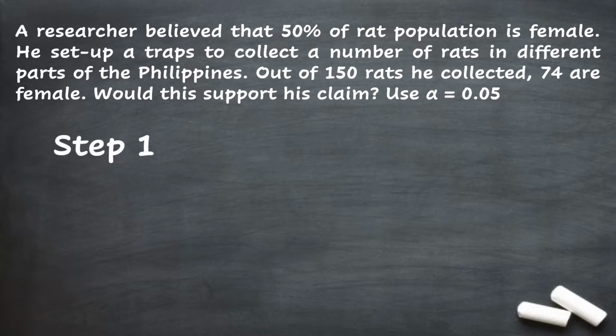First step is to identify the null and alternative hypotheses. We have the researcher's claim, so that can be our basis in constructing the null and alternative hypotheses. For the first statement, we have the numerical value 50%, so that will be the population proportion, and our null hypothesis is that the population proportion is equal to 0.50.